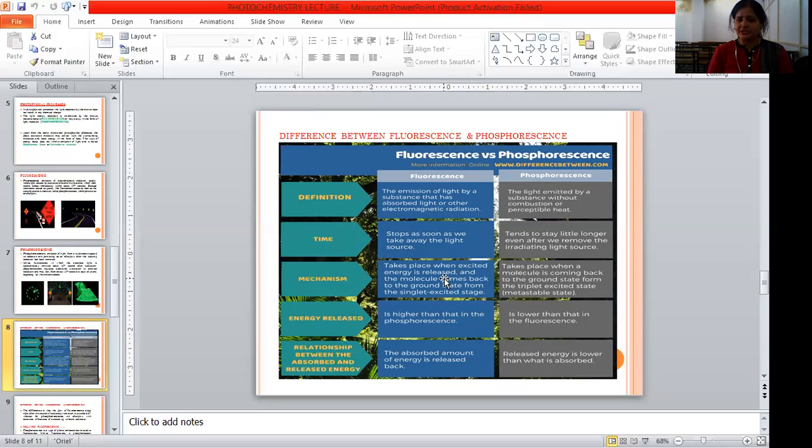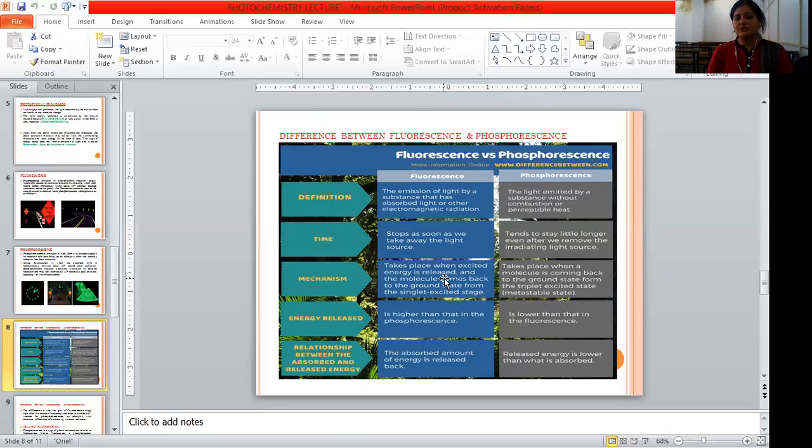Whereas in phosphorescence, the molecules from the ground state go to the singlet, and from singlet they undergo interstate transition, and they go from singlet to triplet. And once they come back from triplet to ground state, they start emitting the radiation.